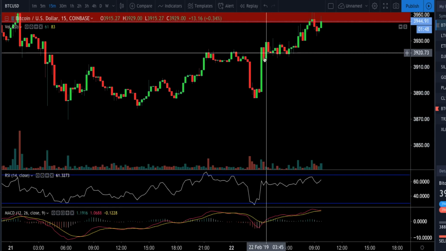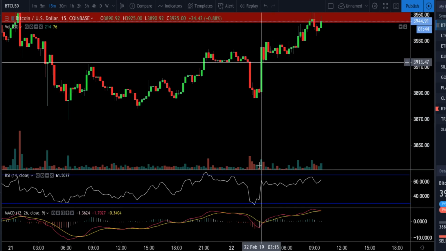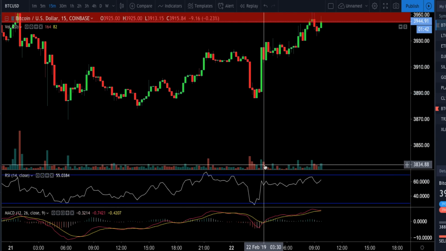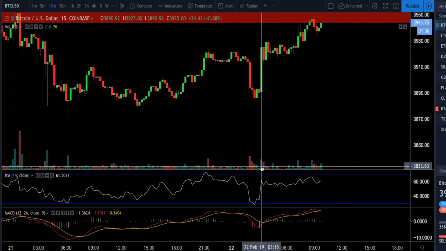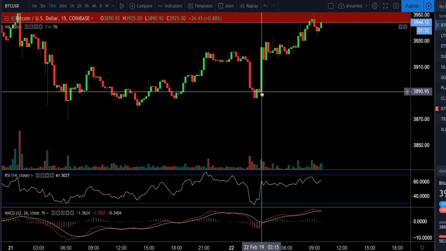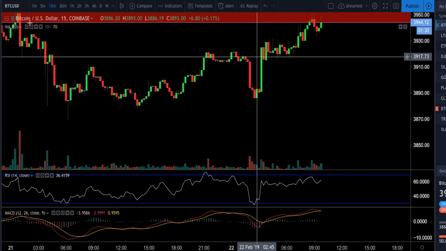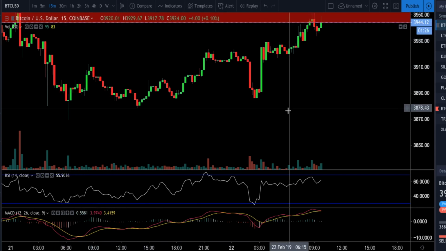Same with here. This candle shot up in price quite a bit, and it was also somewhat confirmed by a large green volume candle, which means there was more money coming in to Bitcoin at this point on this particular exchange, which is the Coinbase chart.